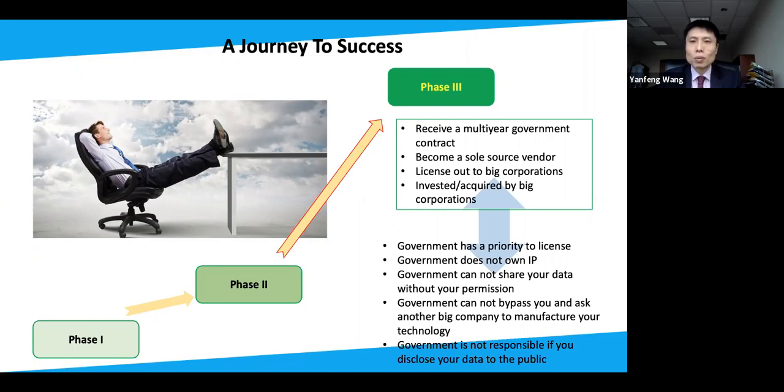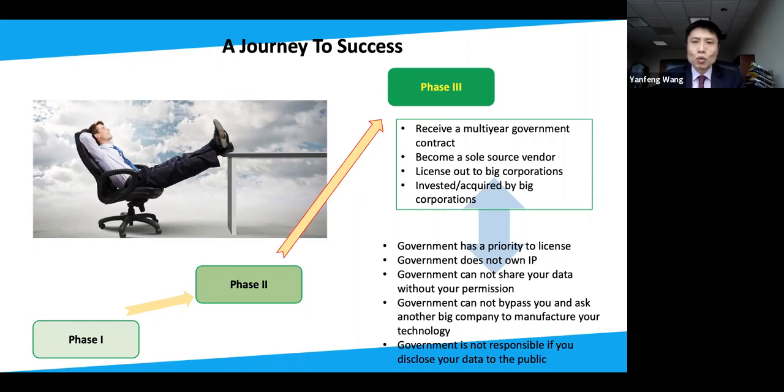That one can lead to a multi-year contract, and then the contract can be as big as multi-million dollars. Essentially, you become their vendor, contractor, and provider. Not only that, you can become a sole source vendor, sole source procurement provider. The source of procurement refers to, you don't need to go through solicitation and RFP process.